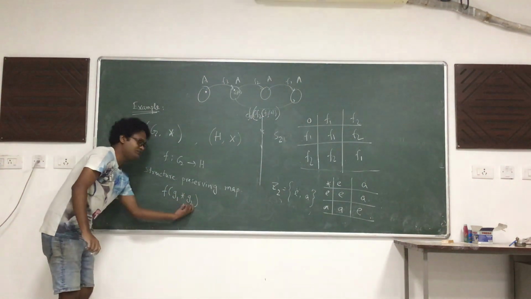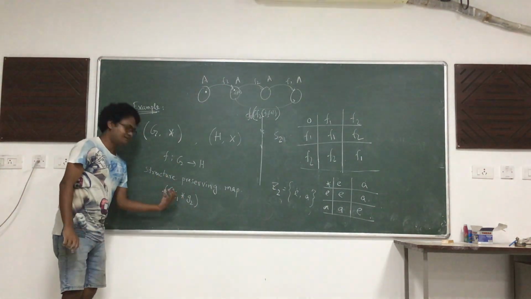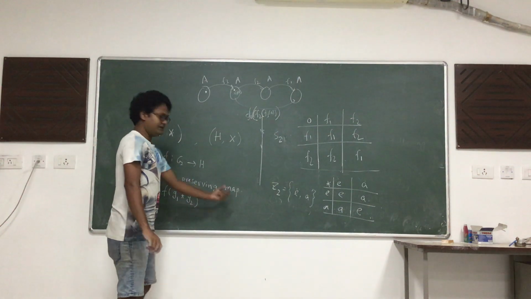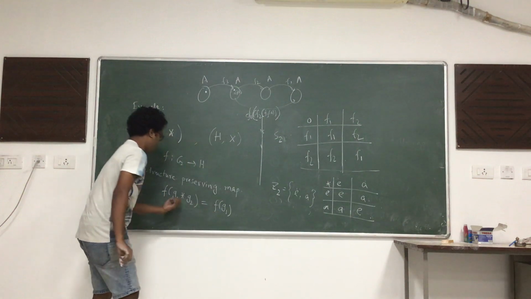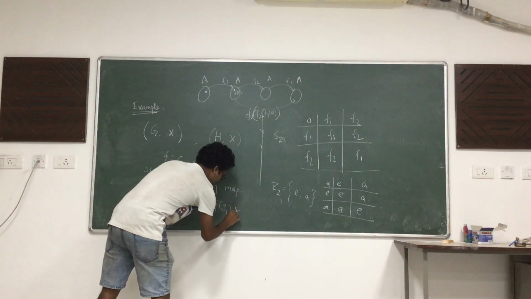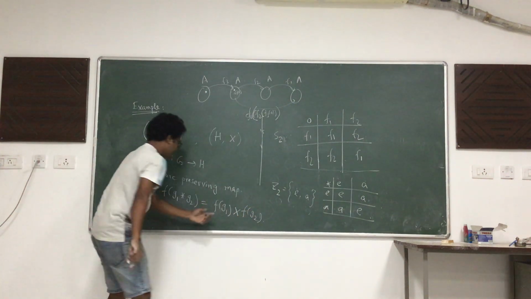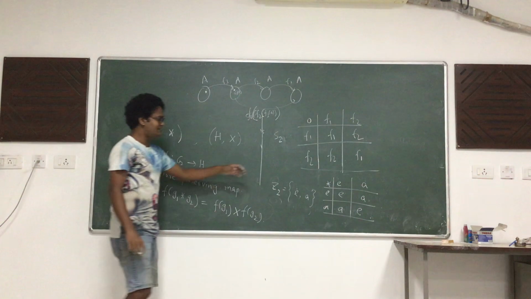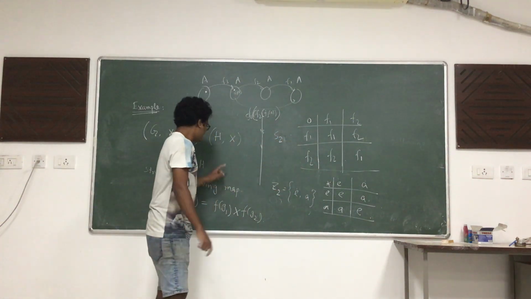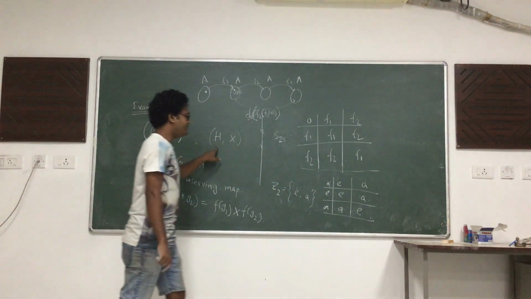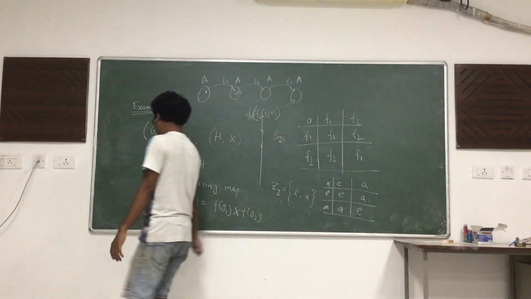If we multiply G1 and G2 first and then take the image, or take the images of G1 and G2 first and then multiply them, they should be the same. Then only we can say this is a structure preserving map. That means the multiplication tables for G and H will be the same. This is called a homomorphism of groups.